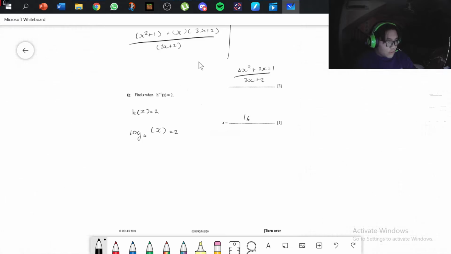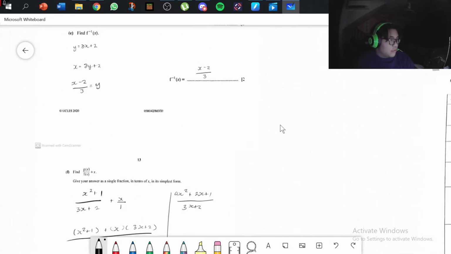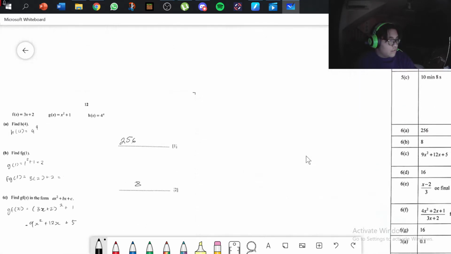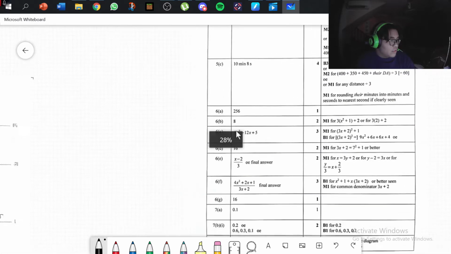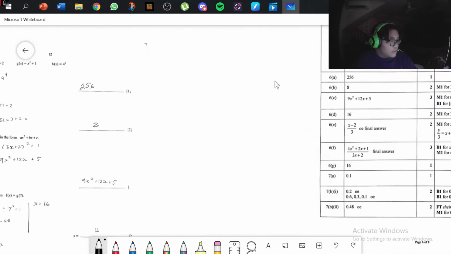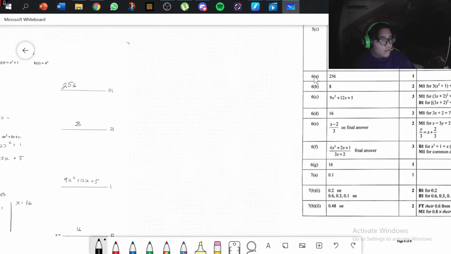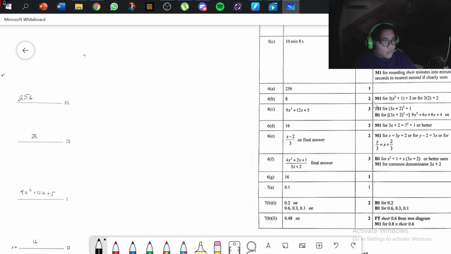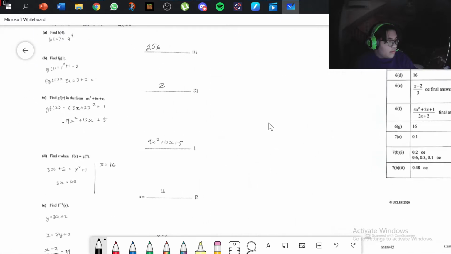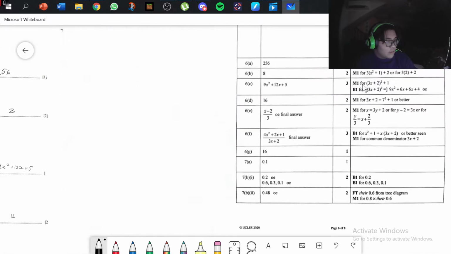Okay, so then I want to discuss the marking scheme for this. So you can see question number 6a, 256, you get the correct one. Question 6b, 2 marks. Okay, we did the same thing. So get 1 mark for this, and 1 mark for the answer, get 2. And then this g(x) is 3 marks. Okay, we did the thing, right?